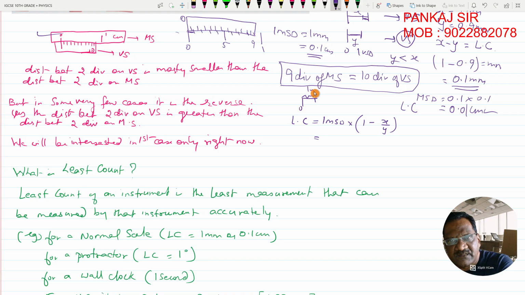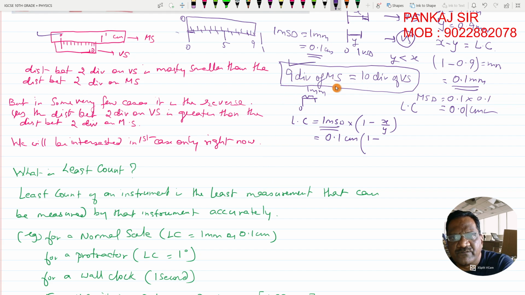It is 1 millimeter, or you can say 0.1 centimeter. So let us go in centimeter. So it will be 0.1 centimeter. This is 1 MSD times 1 minus x upon y. Now what is x? Now this is something which is known as the principle of vernier caliper.